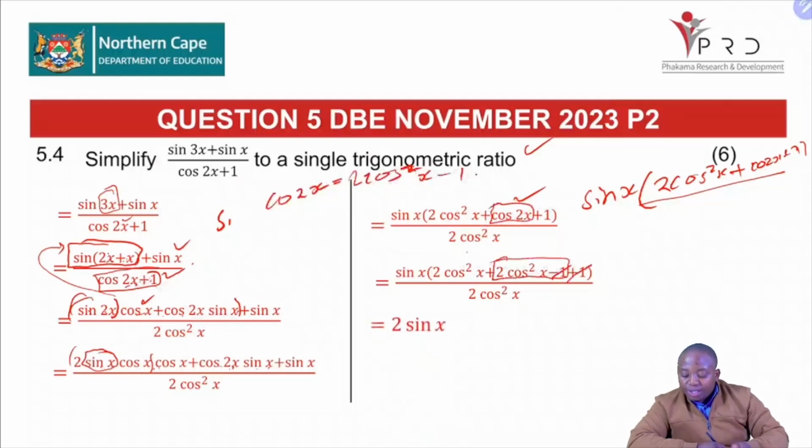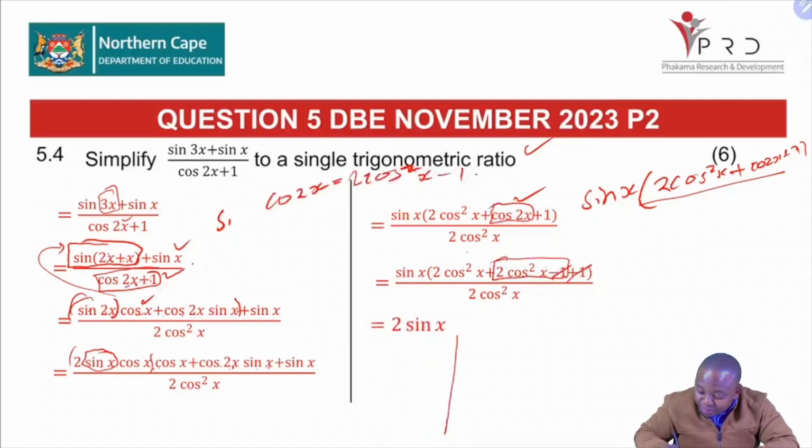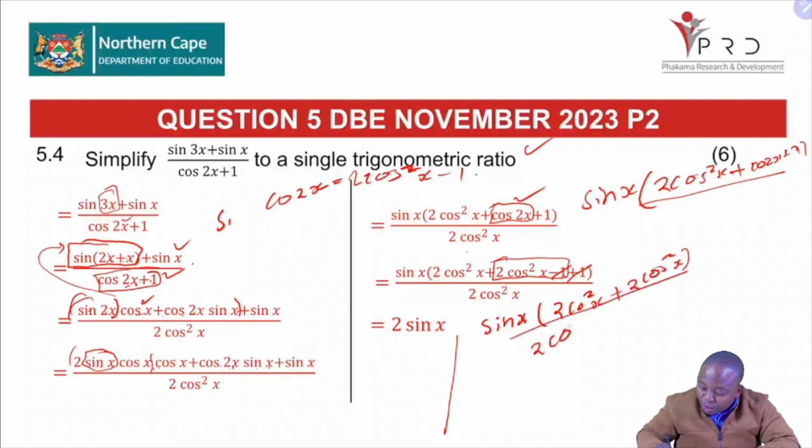Then when we proceed, let us now simplify it further. We are going to remain with sine x into 2 cos squared x plus 2 cos squared x all over 2 cos squared x.